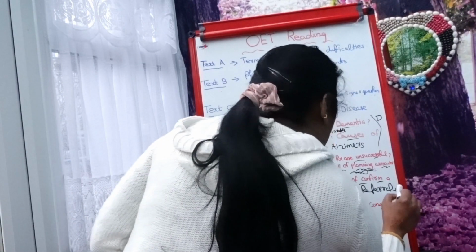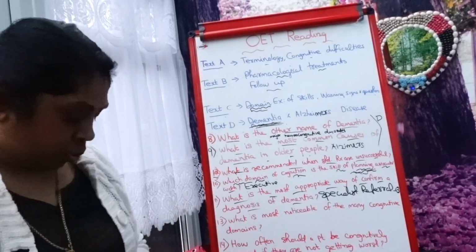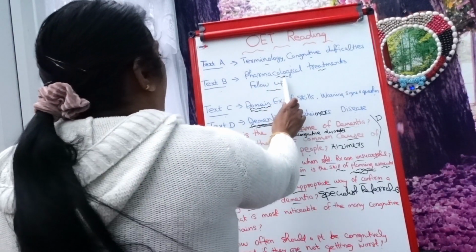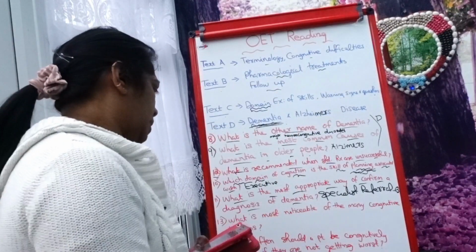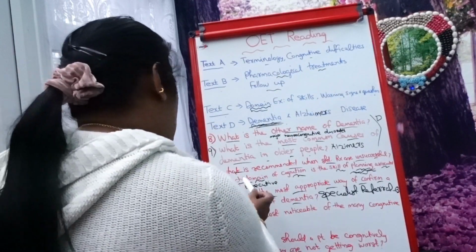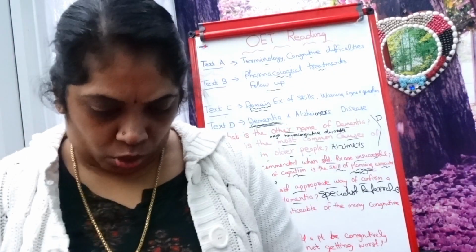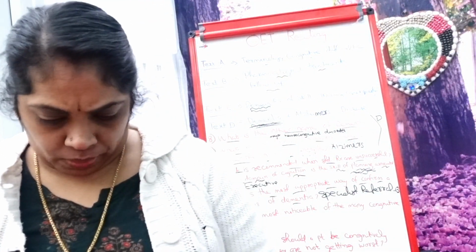This is B. Now we are going to treatment. Maybe it will still be there because of pharmacological treatment. So we'll just go there. What is recommended when standard treatment is unsuccessful? So we can go through.